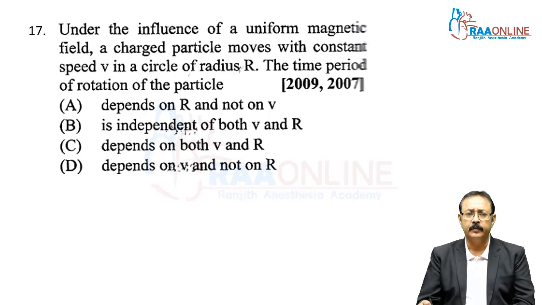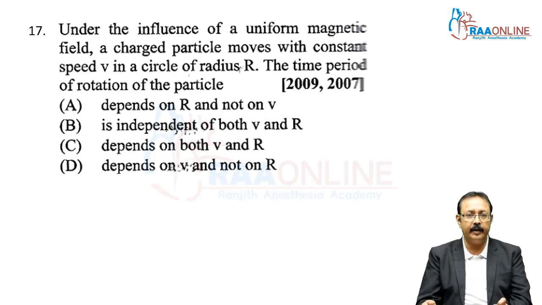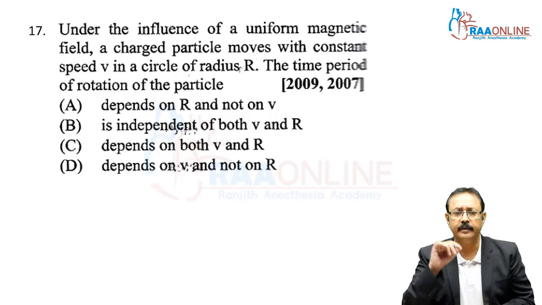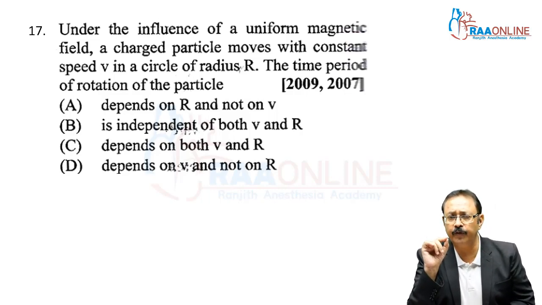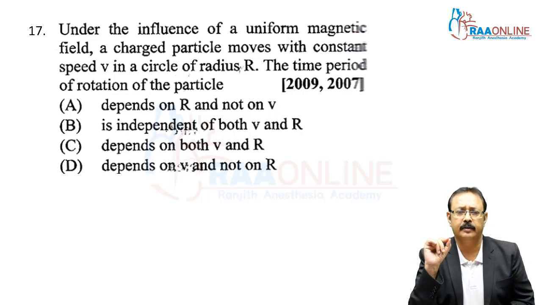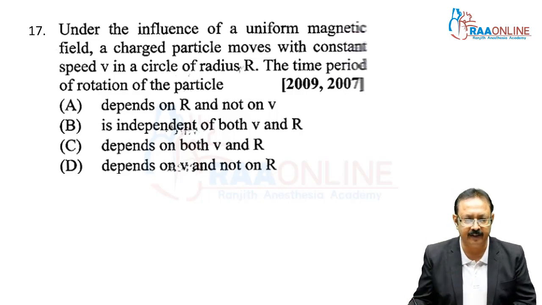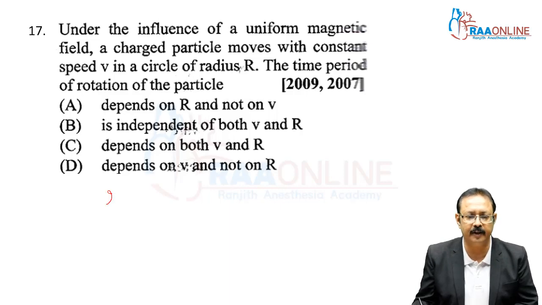Next problem. They asked it 2 times, in 2007 and 2009 AIPMT. What are they asking? Under the influence of a uniform magnetic field, a charged particle moves with constant speed v in a circle of radius r. The time period, we have the derivation. What we discussed in previous slides, r is mv by qb.